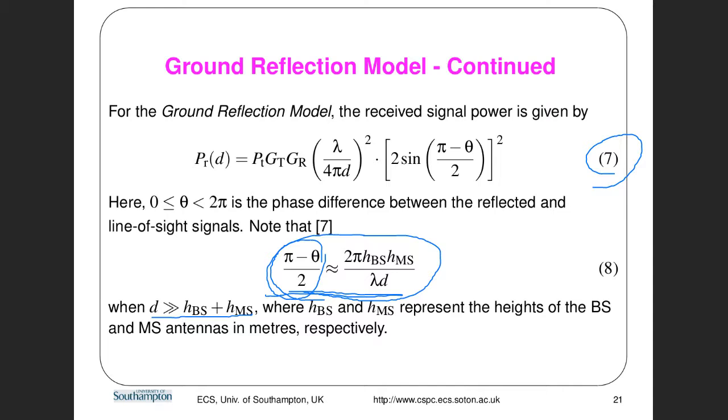And the height of mobile station, which can always be estimated by 3D GPS. And then distance and the wavelength, they are all conventional parameters that we inherently know when we deploy the system. So if we replace this into equation 7, then we no longer need theta.